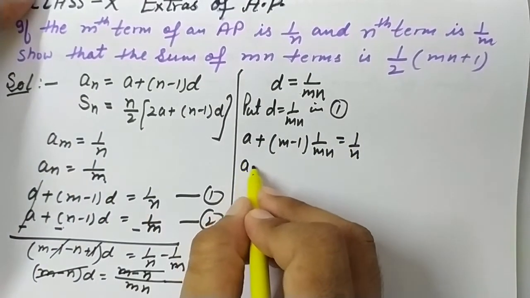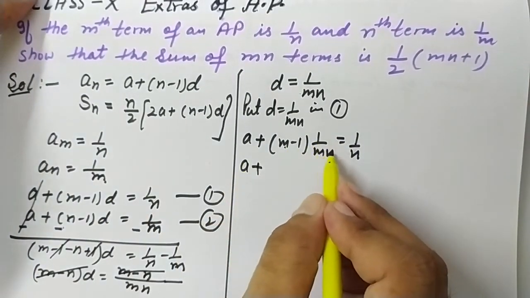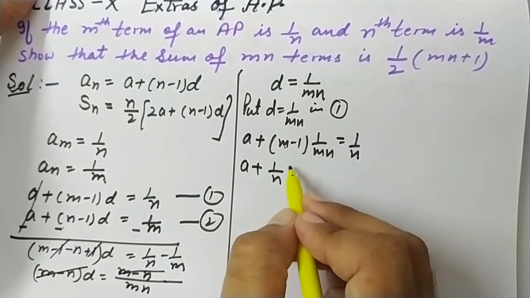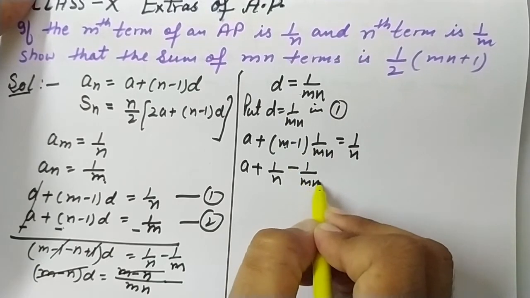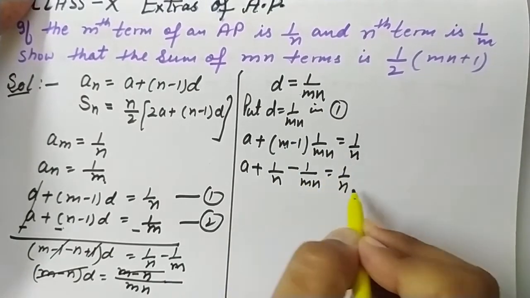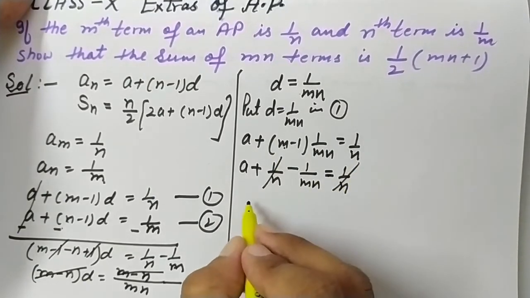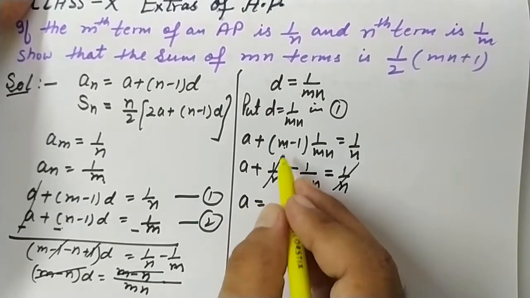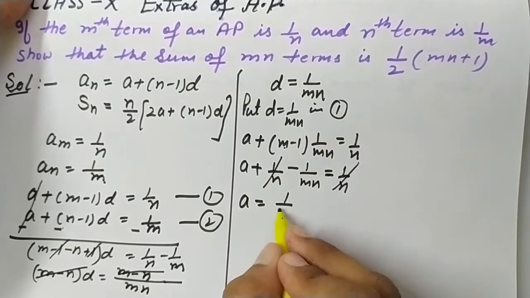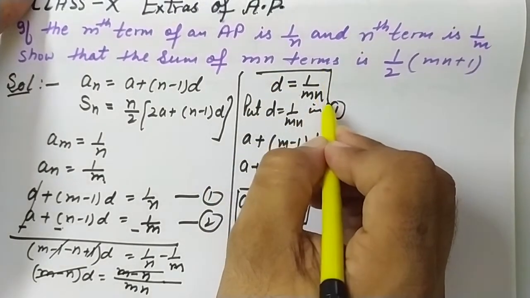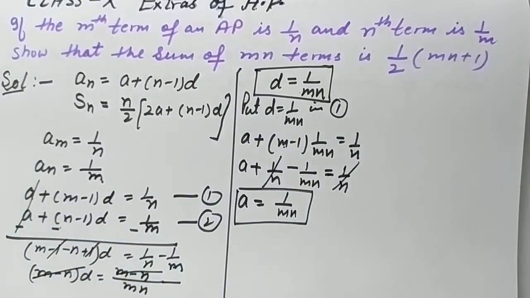So a plus m into 1 over mn cancels, 1 by n is left, minus 1 into this is minus 1 over mn, equal to 1 over n. From here 1 over n cancels. What is left? a is equal to, this goes to the right-hand side, 1 over mn. So this is the value of a and this is the value of d. I told you, if a and d are with us, we can find anything.